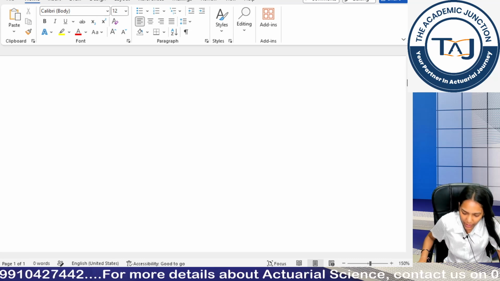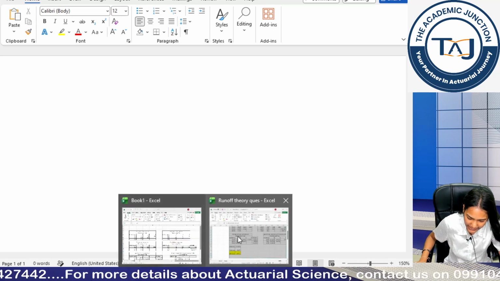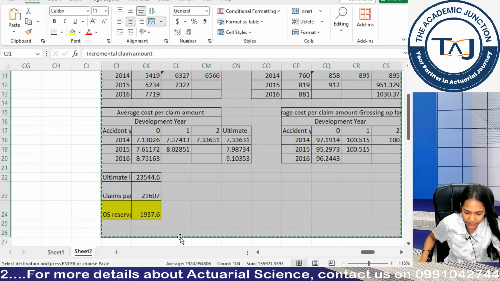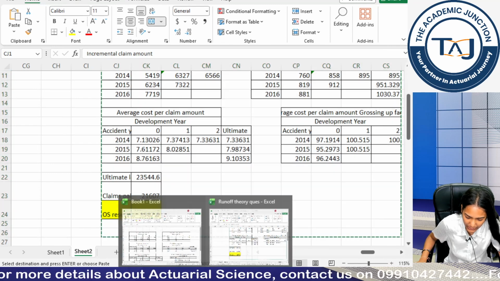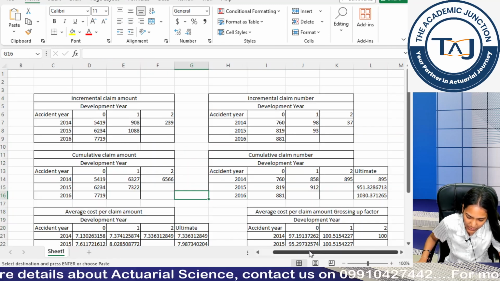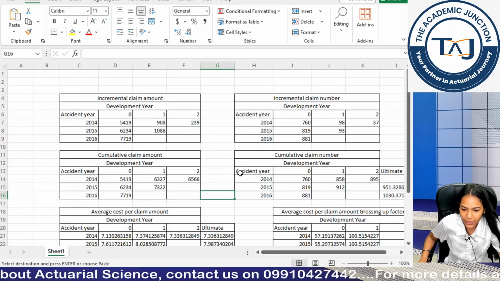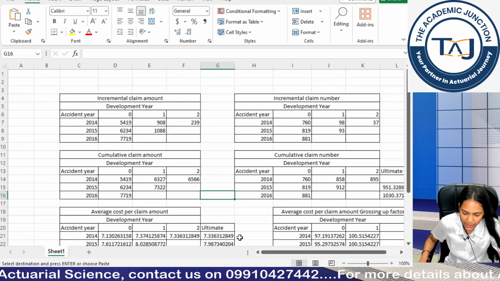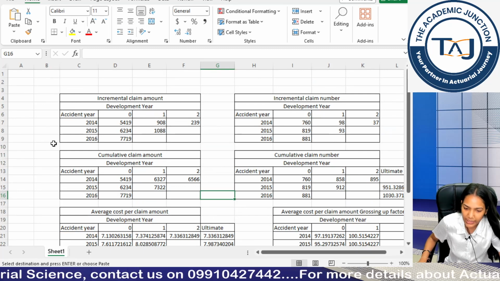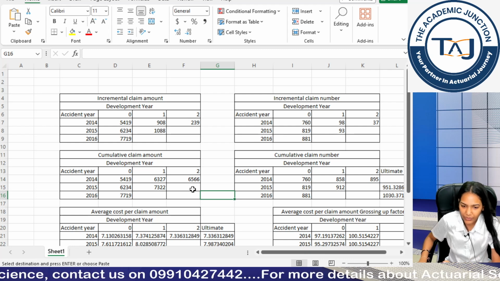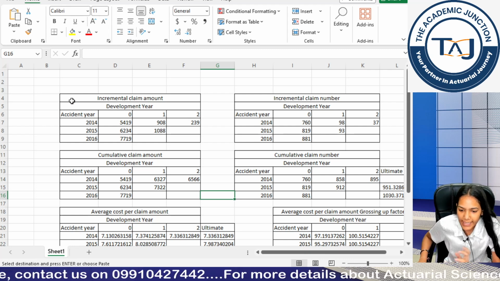I have already prepared a table in Excel so that my time and your time are saved. This is a question on the ACPC method, the average cost per claim method. I have already made the tables, so here you would have a lot of tables, and you would be pasting each one.